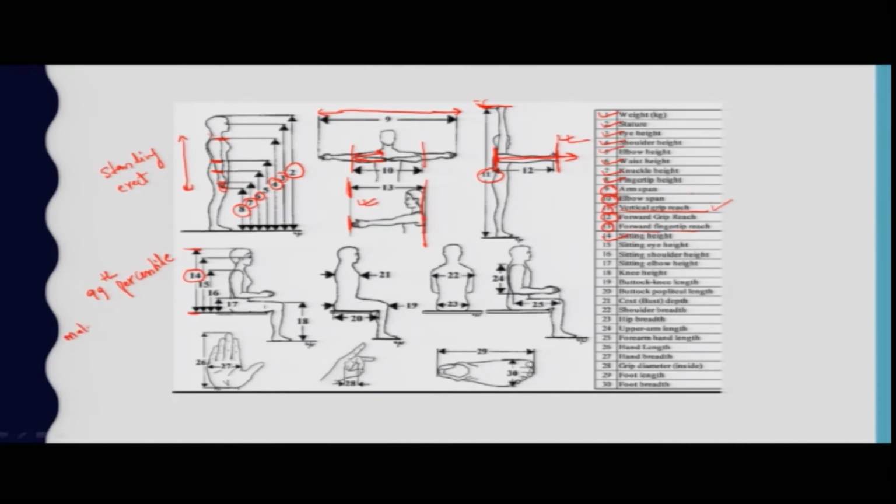We use the 99th percentile male sitting height to specify minimum overhead clearance.